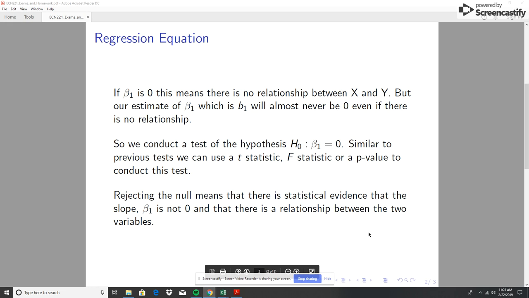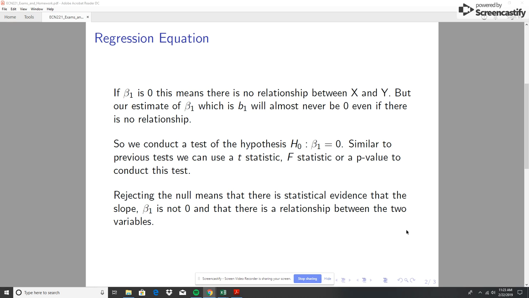So we're going to conduct a test of the hypothesis that the slope is 0, that there's no relationship. Similar to tests you've done before for the population mean being a certain value, you can use a t statistic, or if you think about ANOVA, there was an f statistic, and with both of those we had a p-value. We're going to use those same tools in conducting this test.